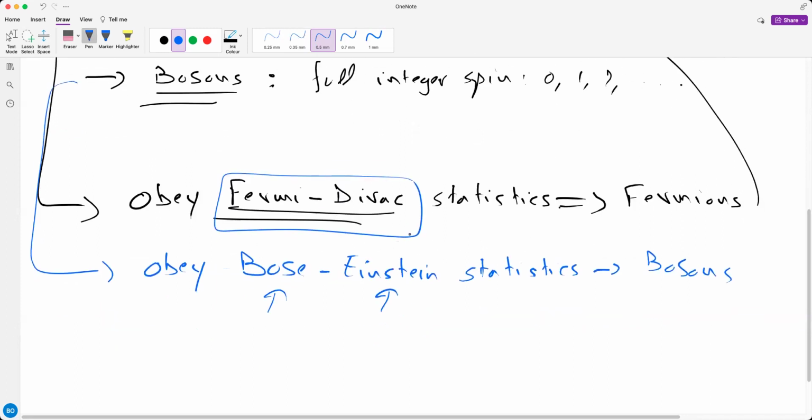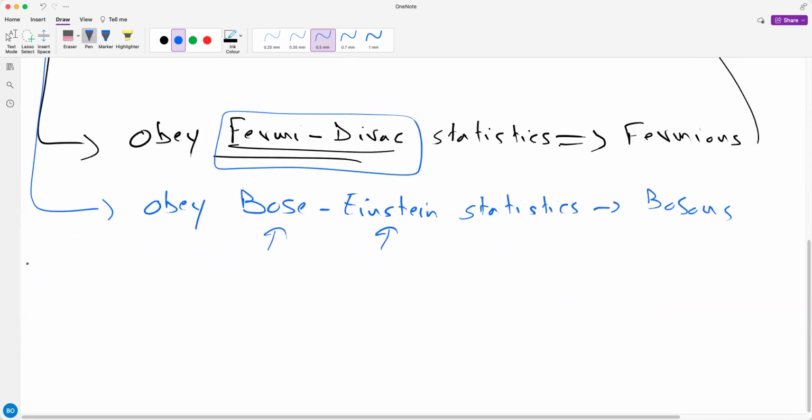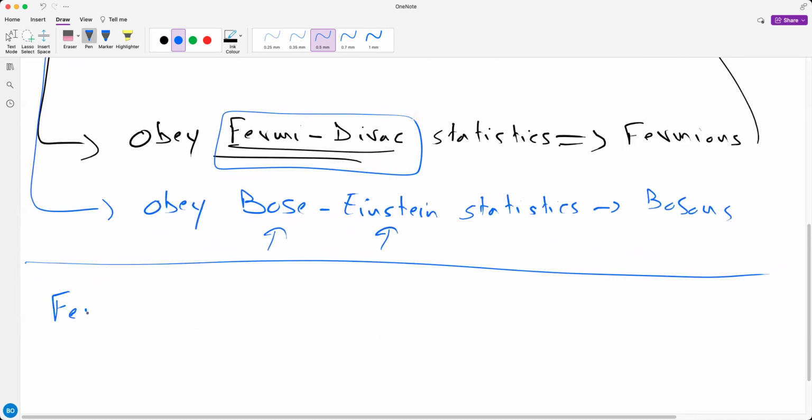Fermi-Dirac statistics is the following: the Fermi-Dirac distribution.